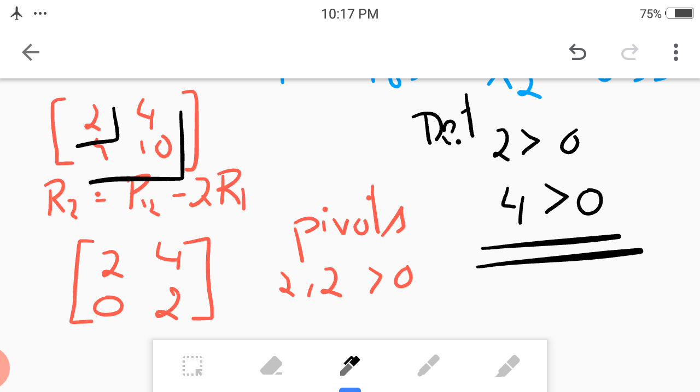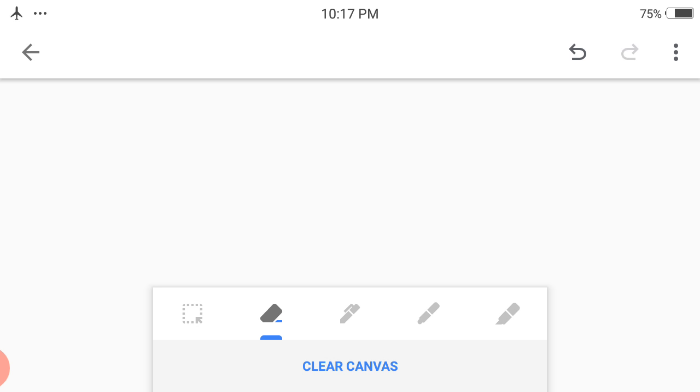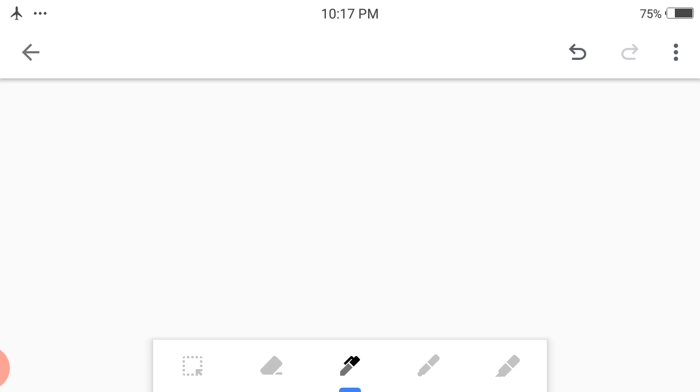We will consider a 3 cross 3 matrix now. Okay. Let us take a 3 cross 3 matrix. I will clear this so we can write comfortably.